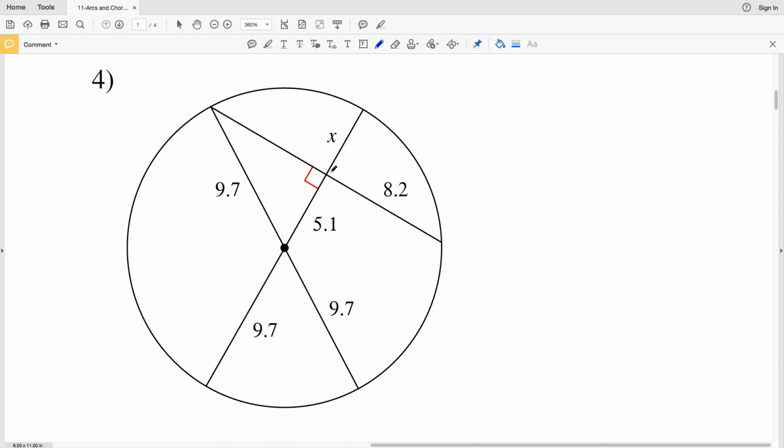Moving on to number 4, we can see that x is a portion of the radius, and that radius is going to be equal to x plus 5.1. However, we can see that that radius r is also equal to 9.7. So if 9.7 is the radius r, we'll plug 9.7 in for r in our equation and then solve for x.